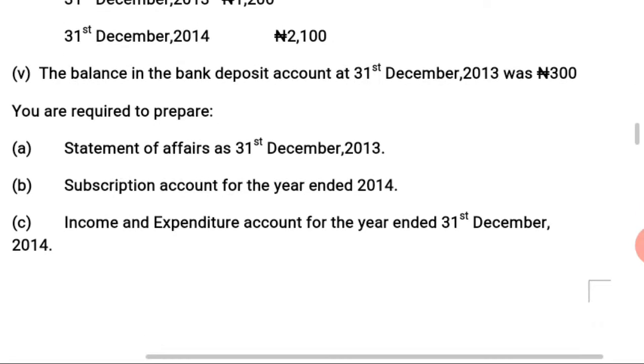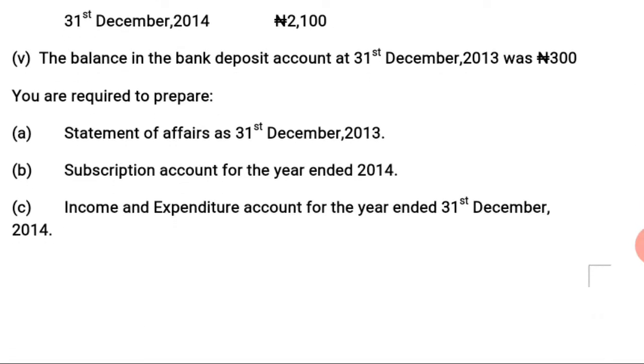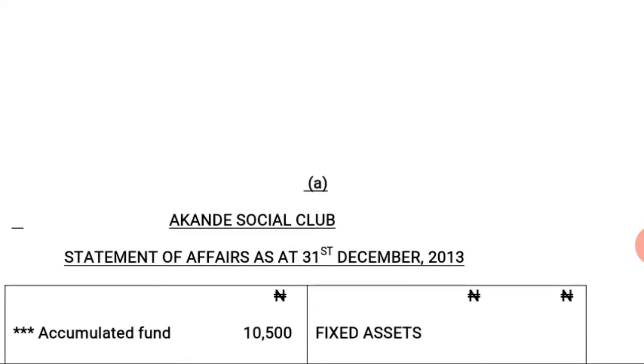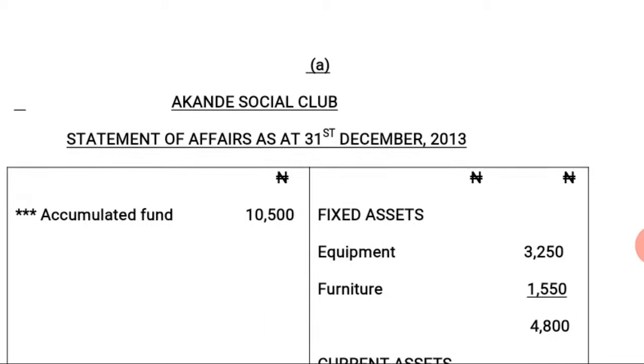So you are required to prepare statement of affairs as at 31st December 2013, subscription account for the year ended 2014, income and expenditure account for the year ended 31st December 2014, and balance sheet as at 31st December 2014. Those are the 4 accounts the question is requiring us to prepare.